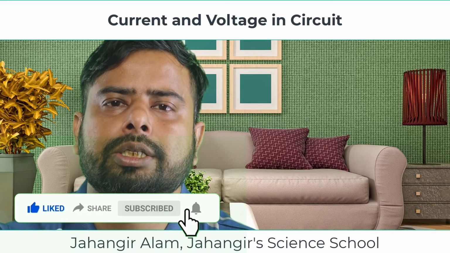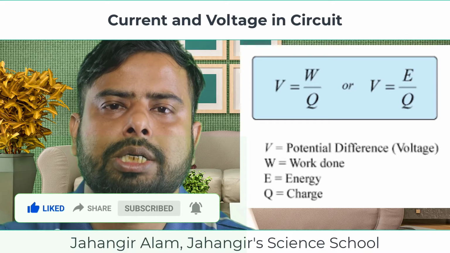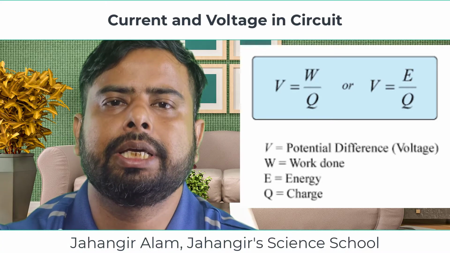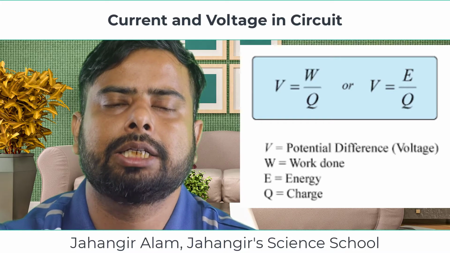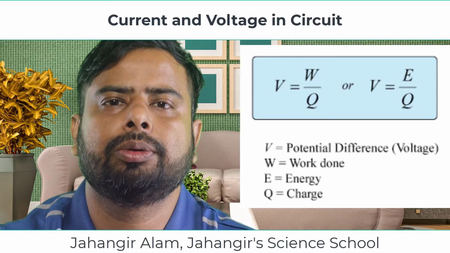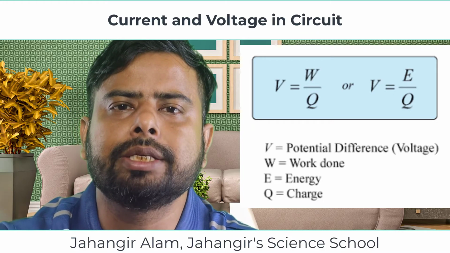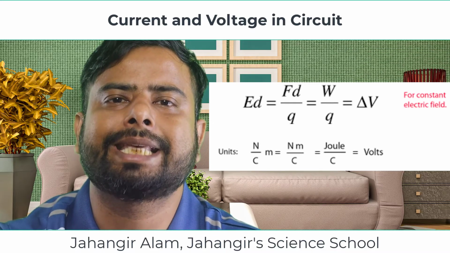So voltage V equals energy transfer or work done divided by charge. So V equals E by Q. Here E is the amount of energy transfer, Q is for charge. So remember the unit of voltage is volt. Short form is capital V.